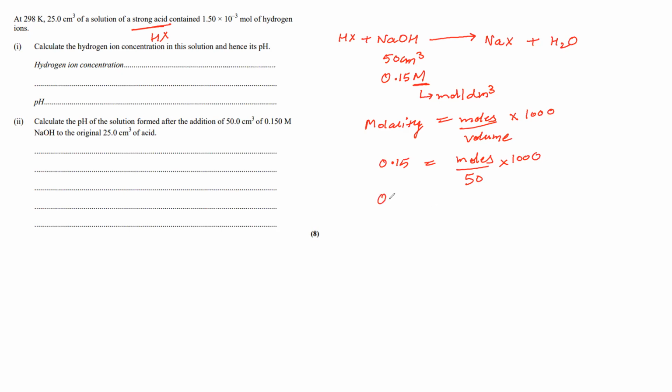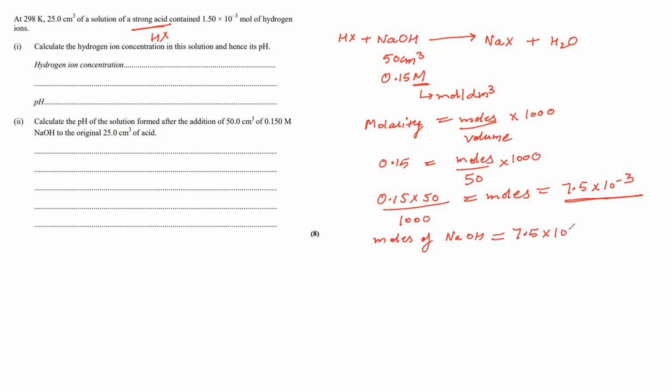Use your calculator and solve it. It will come out to be 7.5 into 10 to the power negative 3. So the moles of NaOH equal 7.5 into 10 to the power negative 3.